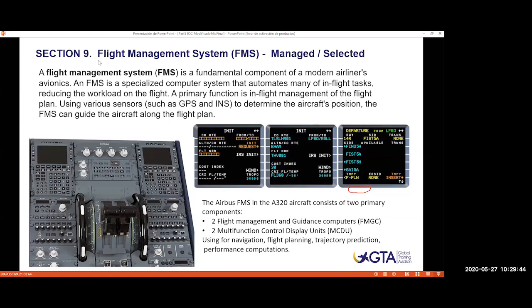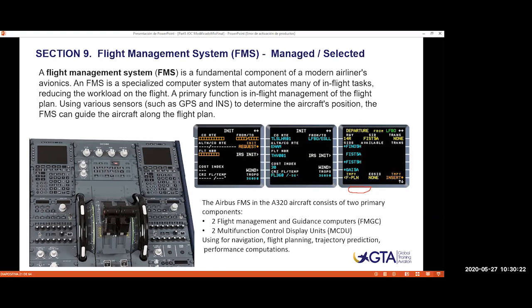So what is the flight management system, the FMS? We can say that it's a fundamental component of modern flight avionics. The FMS is a specialized computer system that automates many of the flight tasks.